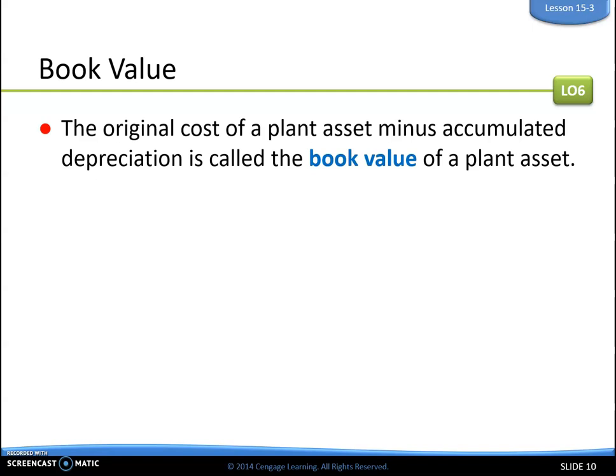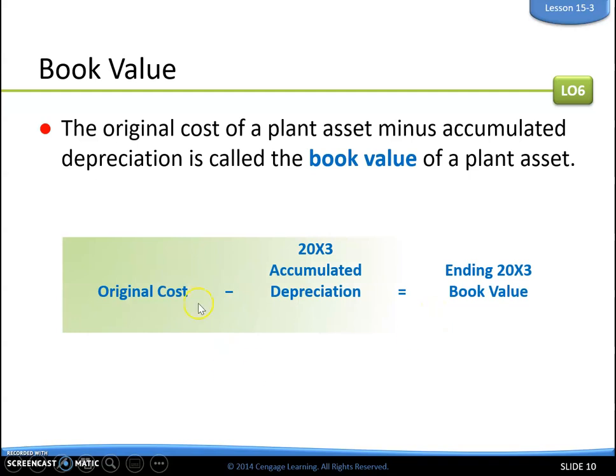To figure out the book value of a plant asset, we're going to take the original cost of the plant asset and subtract that accumulated depreciation that we just figured out. So original cost minus the accumulated depreciation will give us our ending book value. We're looking at the end of year 3. We're going to take our original cost, which was $2,500.